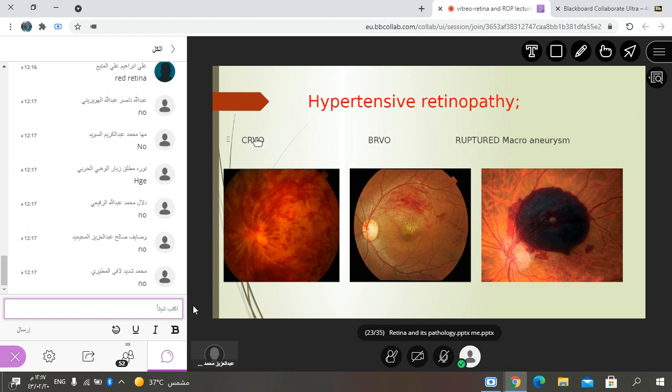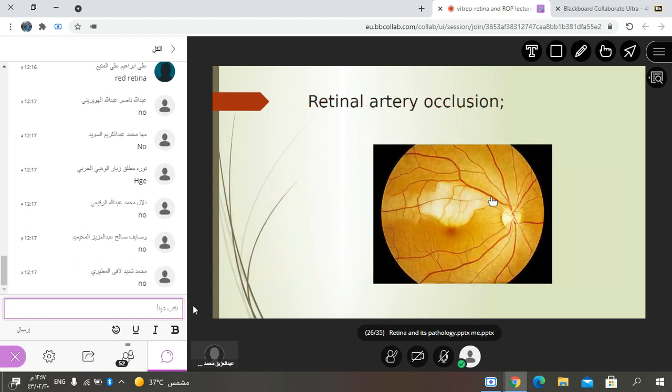The difference between vein occlusion, like this one, and artery occlusion: there is a hemorrhage here, and here there is nothing, no hemorrhage. You can see just a whitening, and it is called ischemic whitening. And you can see here the sclerotic artery. This case was giant cell arteritis.